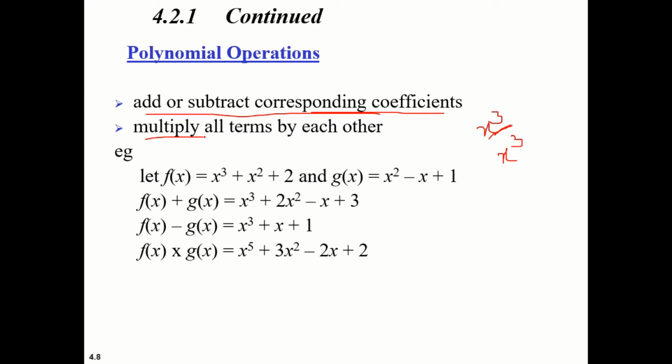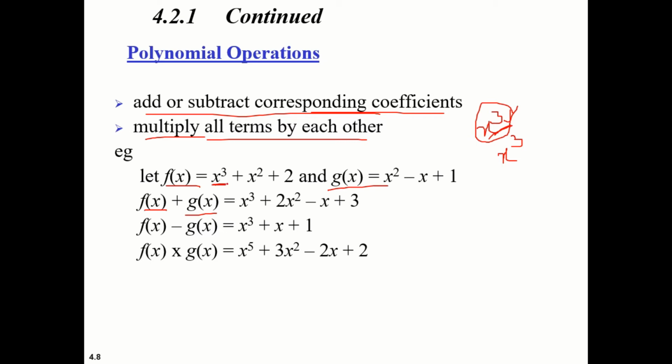Then we have multiplication operation wherein we multiply all the terms by each other. तो यहाँ पे we do not see कि power छोटी है या बड़ी है, we multiply each and every term with each other. So this is an example given. So say these two polynomials we have f(x) and g(x). So f(x) g(x) का जब हम addition करेंगे, so in that case we'll be adding or subtracting the corresponding coefficients.